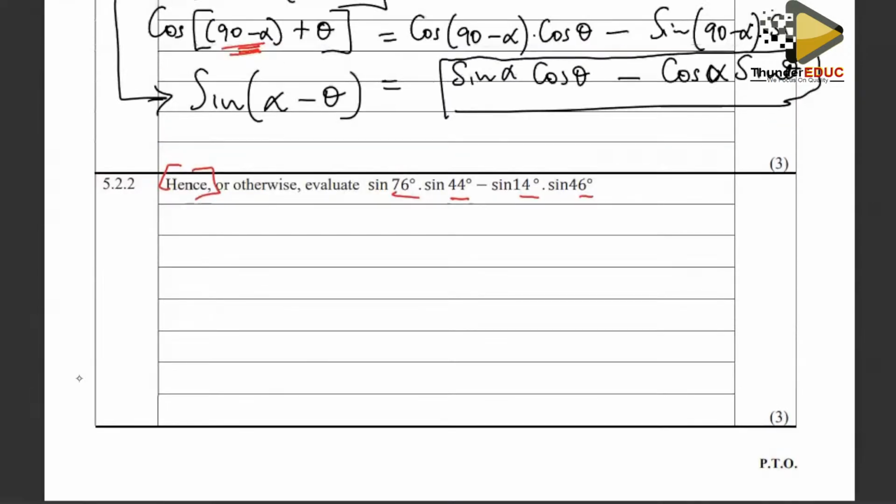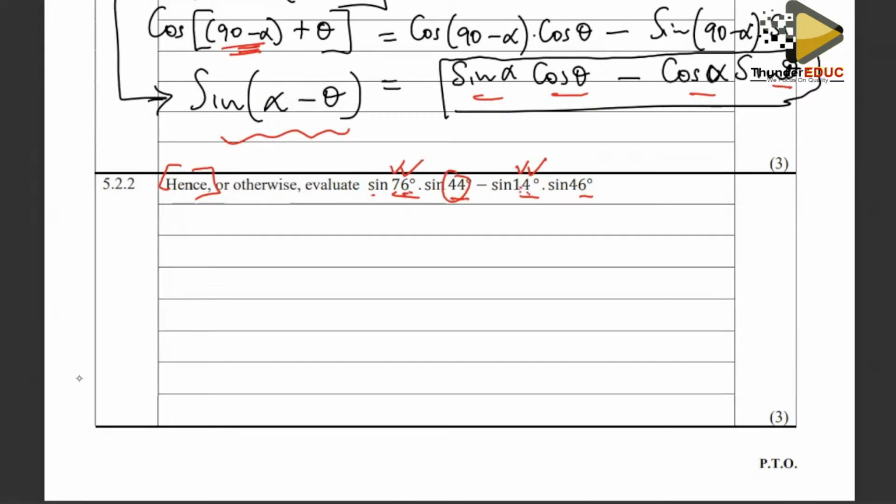tip of the iceberg to say that we have to use what we already have. We have a sine and a cos, then a cos and a sine. So if this is a 76 and this is a 14, how do 76 and 14 compare? When I add the two, I see that they give me 90.